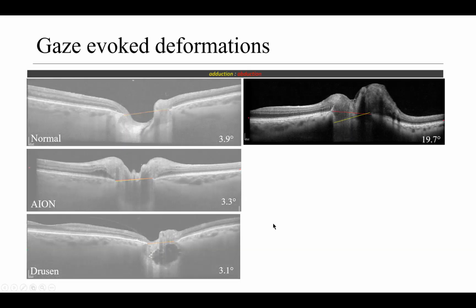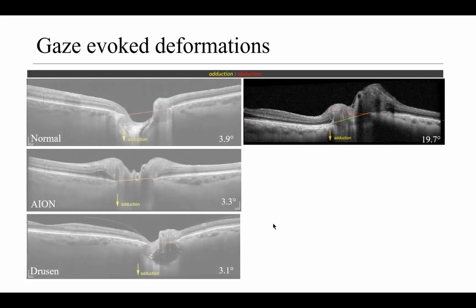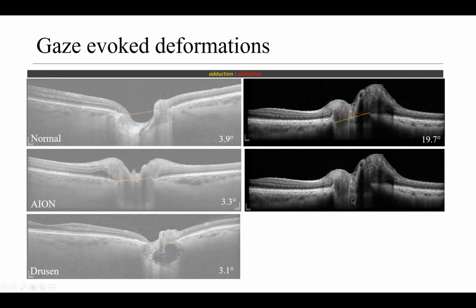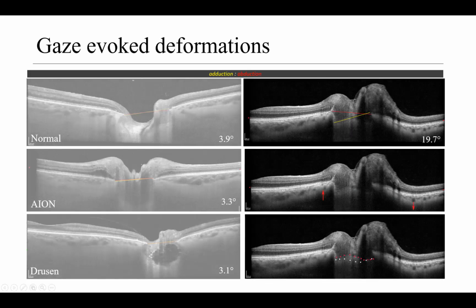The effect in papilledema, however, is quite different. Although the pattern is preserved, that is posterior displacement in adduction on the temporal side, the magnitude of the seesaw is greatly exaggerated. It extends well beyond the BMO into the peripapillary tissues and also involves the lamina cribrosa.